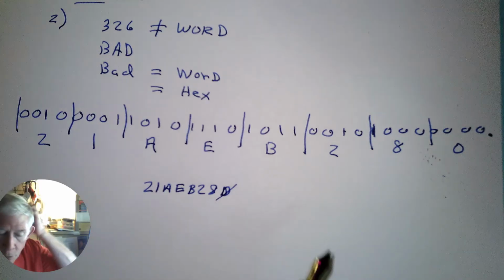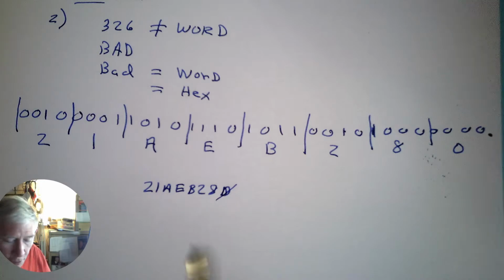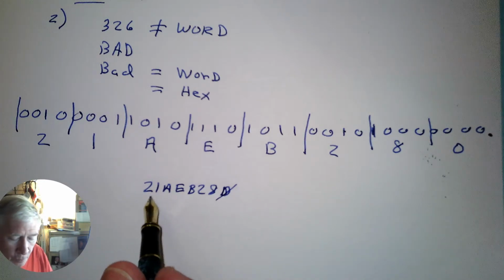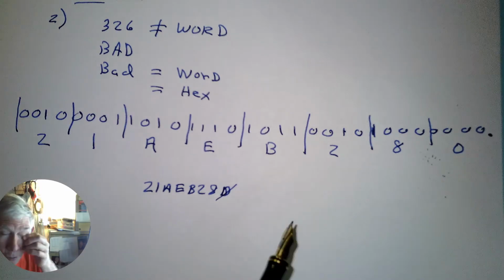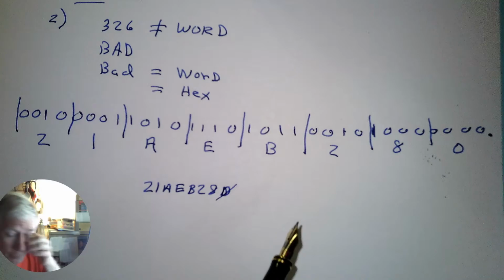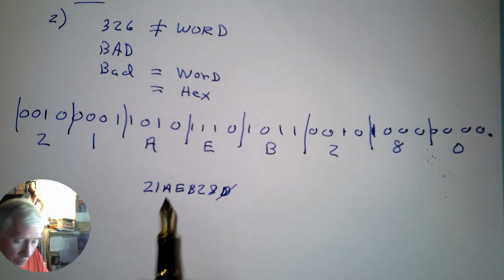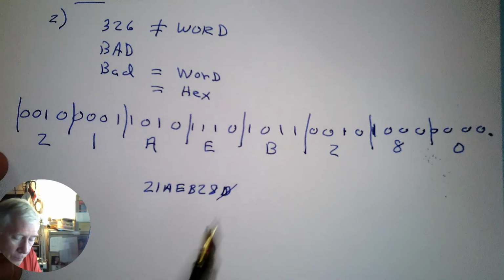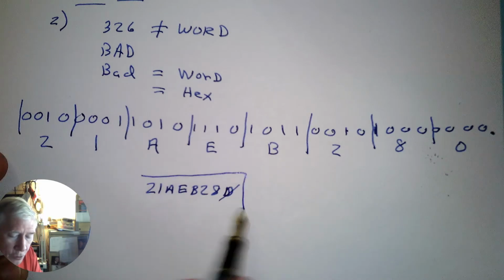Now maybe one of these days we'll evolve a 32-bit code instead of 16, or 24, I don't know, something where there's an exact fit of binary digits. But right now, hex is what's being used extensively.